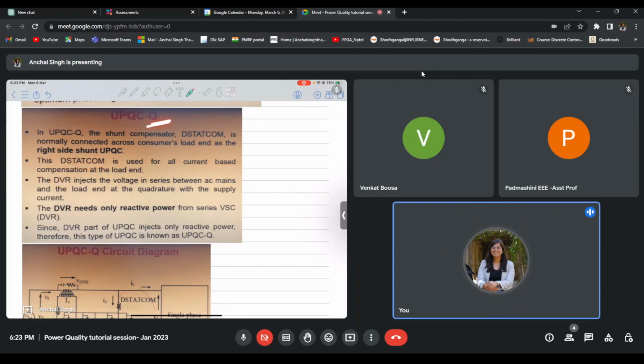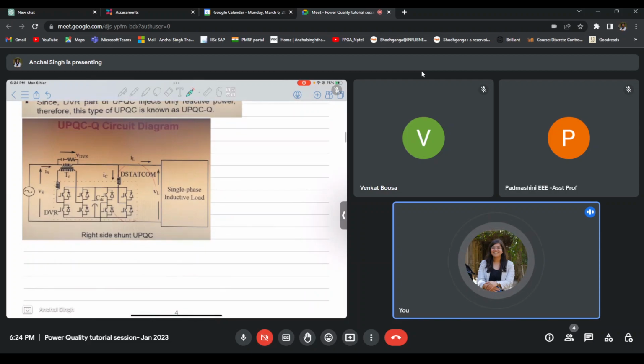Now, since it is a Q type of UPQC, it is going to deal only with reactive power, which means that the DVR will be dealing only with reactive power. So this Q rating is the rating of the DVR. And when we say UPQC-P, that P tells us that the DVR in that UPQC will deal only with active power.